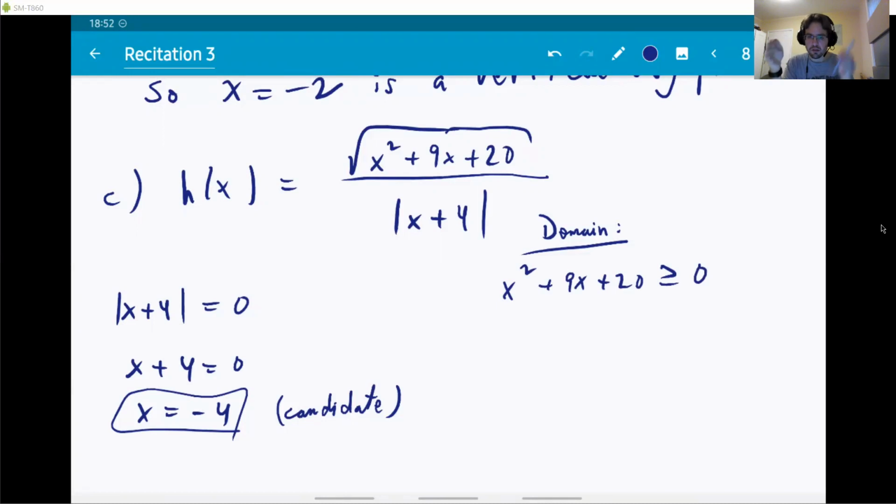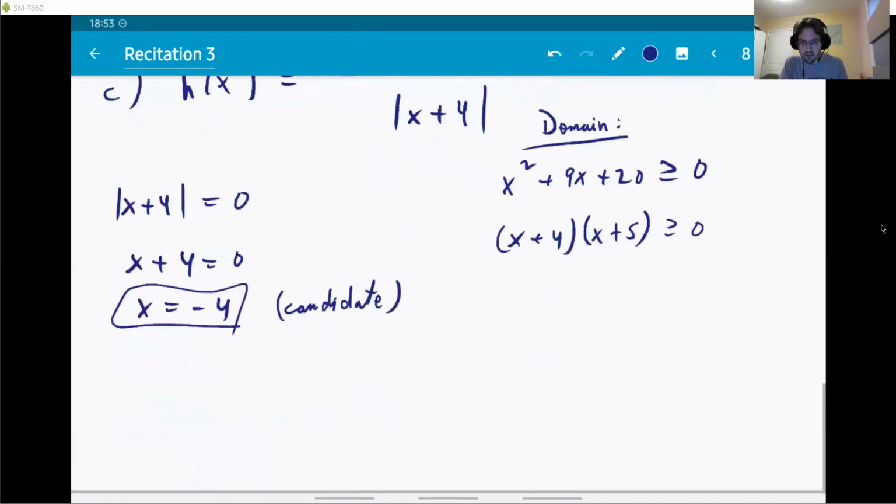And then the places neighboring that domain will give us the possible candidates for asymptotes. Okay, so you want that to be larger than or equal to 0. If you try to solve this by factoring, this would be x plus 4 times x plus 5. So this function is going to be changing sign at the numbers minus 4 and minus 5.